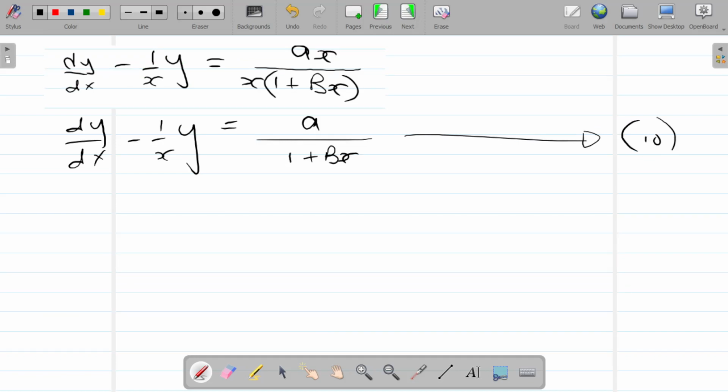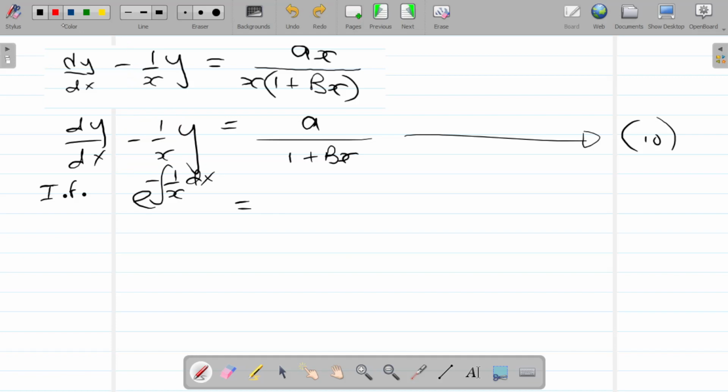Now, to solve equation 10, we need to use an integrating factor. So we use an integrating factor, e to the power of minus the integral of 1 over x dx. And that's the reason why we choose minus 1 over x inside the integral sign, because of this term here, minus 1 over x.